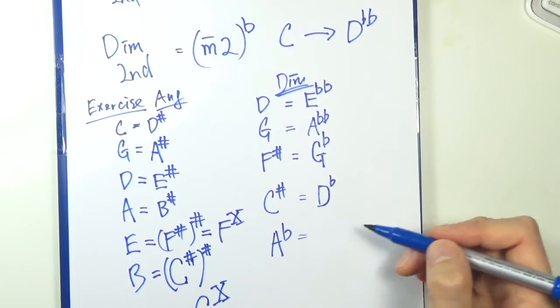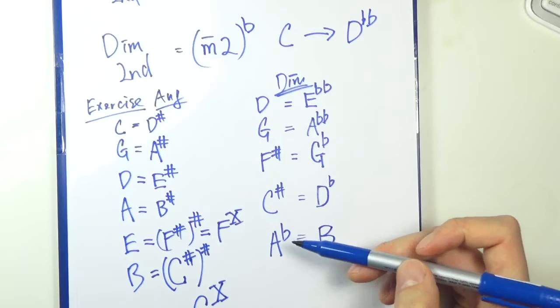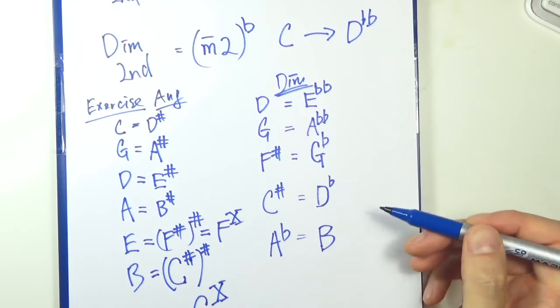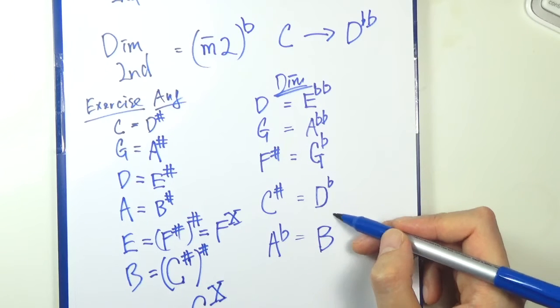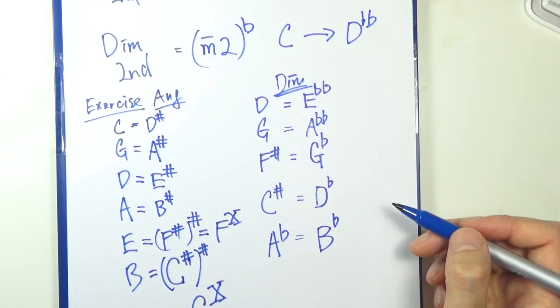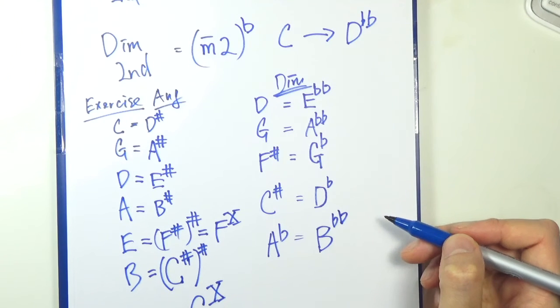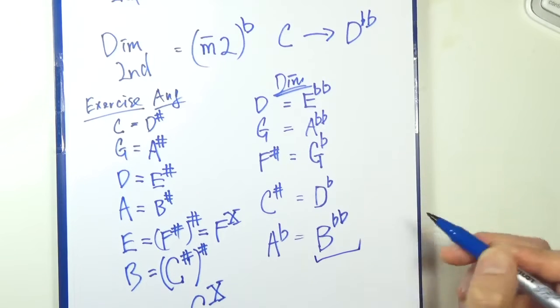Okay, A flat, you need a half step. So let's grab the quantity first, regardless of accidentals, A, B. A flat to B flat, that would be a whole step apart. B double flat, that would be a minor second.